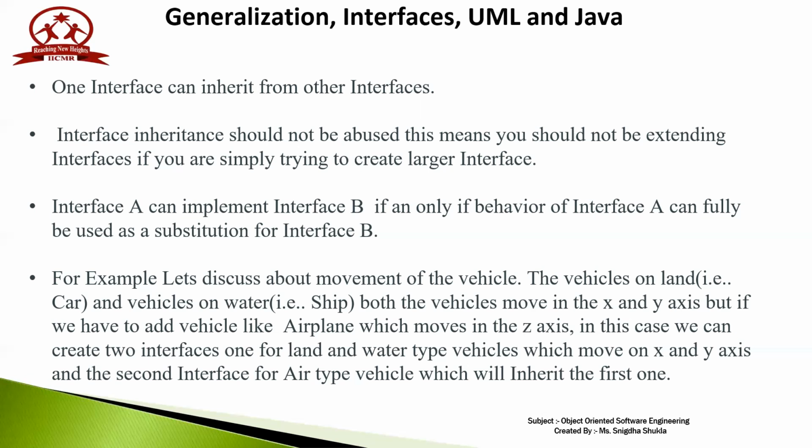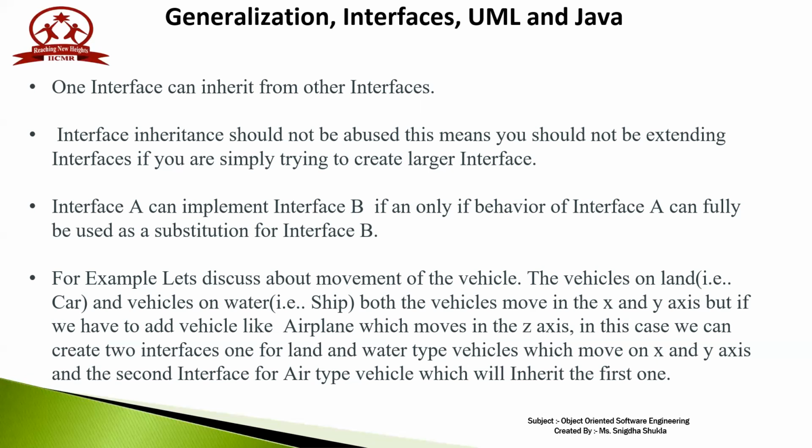So that is what is given in this third point. Interface A can implement interface B if and only if the behavior of interface A can fully be used as a substitution for interface B. So here I want to tell you that we can inherit an airplane which moves in the Z axis. In this case, we can create two interfaces, one for land and water vehicles, and another only for air vehicles.